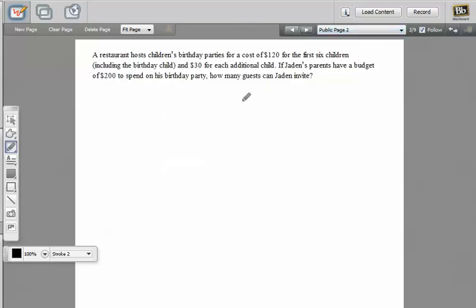A restaurant hosts children's birthday parties for a cost of $120 for the first 6 children, which includes the birthday child. So we can have the birthday child, Jaden, and 5 friends for that $120. It says each additional friend is $30.